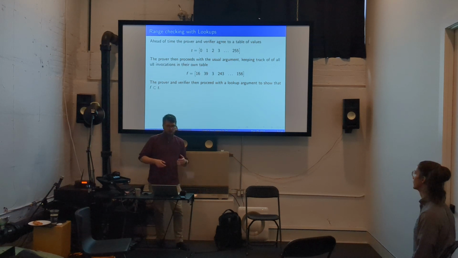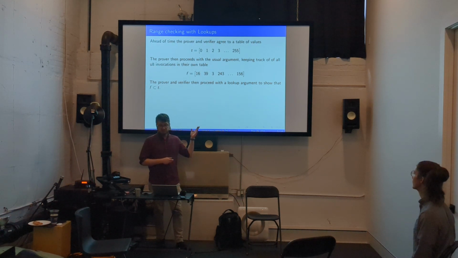And so obviously there's a balancing act. Maybe you shouldn't always use lookup arguments if you're just doing a single U8. That might seem a little like overkill. But if you have a ton of U8s or you have different settings, then lookup arguments could be helpful, because if the cost of the lookup argument is less than the cost of introducing all of those new variables, then it's going to be worth it for you.